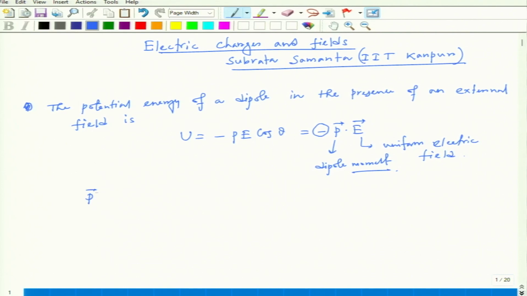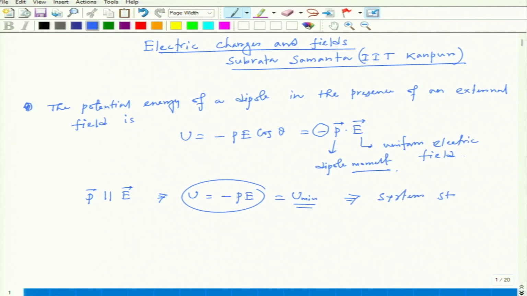When p is parallel to E, the dipole moment vector is parallel to the electric field vector, and the potential energy is -pE, the minimum value, U minimum. The system becomes stable, because a system is stable when its potential energy is a minimum.